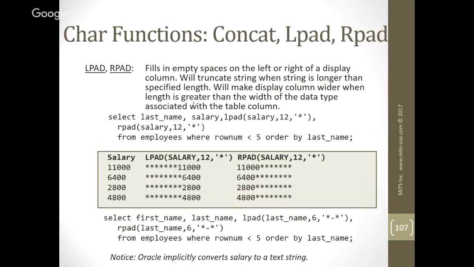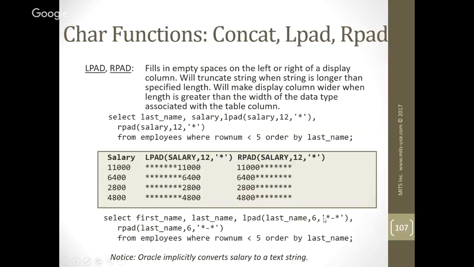Right, so you've got to think about left pad means that you want these extra characters to be added on the left. Right pad means you want the extra characters to be added on the right. Okay. So you keep that in your mind. And we're just identifying asterisk here. It could be anything you want. And there's kind of a semi-silly example down below.